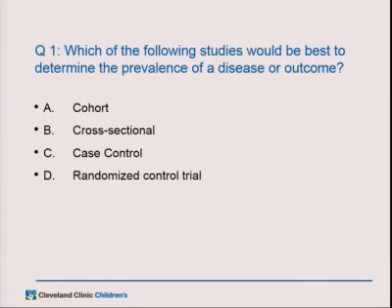So, putting together this question, which of the following studies would be best determined for prevalence? And if I haven't beaten this into you already, I got another 5 minutes to go. All right? Is it the cohort? Is it the cross-sectional? Is it the case control, or is it the randomized controlled trial that will give you prevalence?